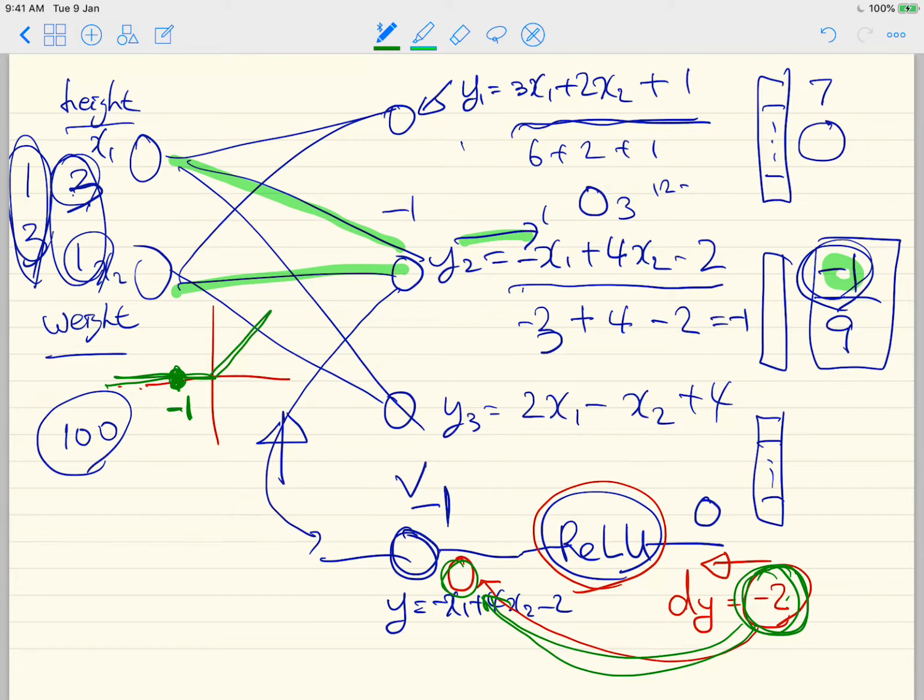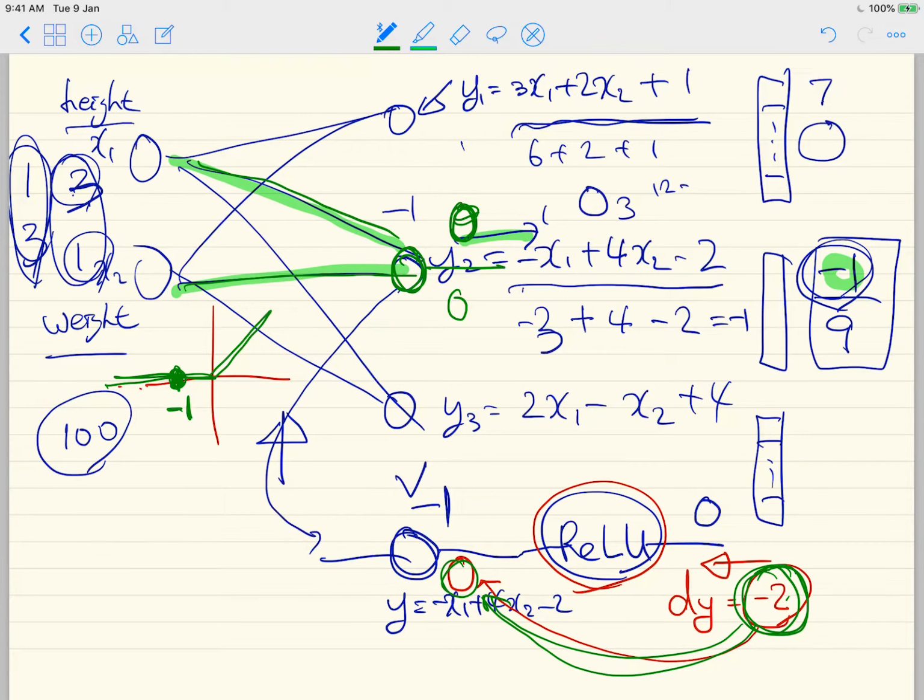Okay, so back to this node. The arriving gradient is 0 actually, right? And then the weights corresponding to these two edges will also have 0 gradient, right, all the time, right? So that way these two green weights or these green edges will not get updated, right?